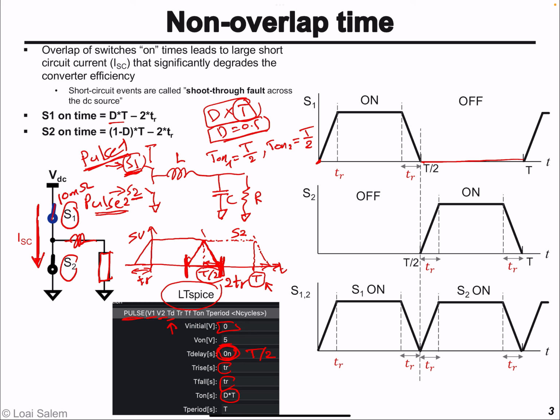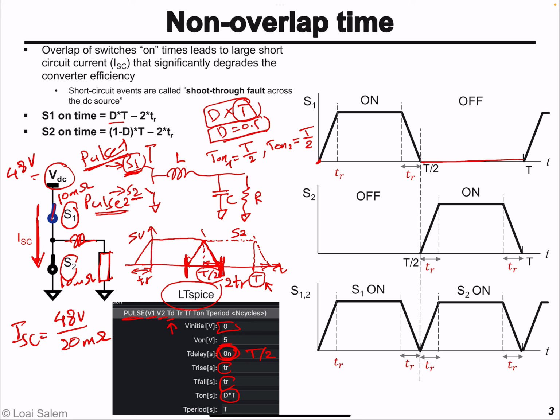So you can imagine VDC is 48 volts, so the short circuit current in this case will be 48 volt, or whatever VDC value, let's assume is 48 volts, divided by 20 milliohms, which is a very large amount of current.